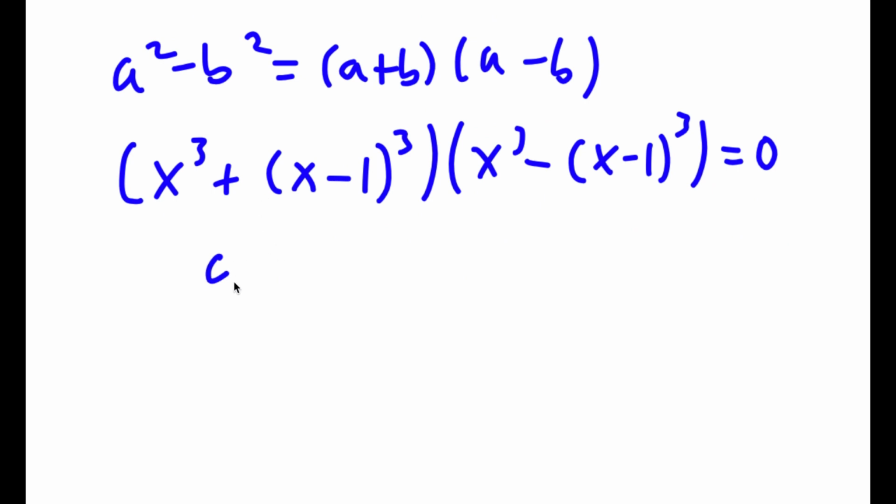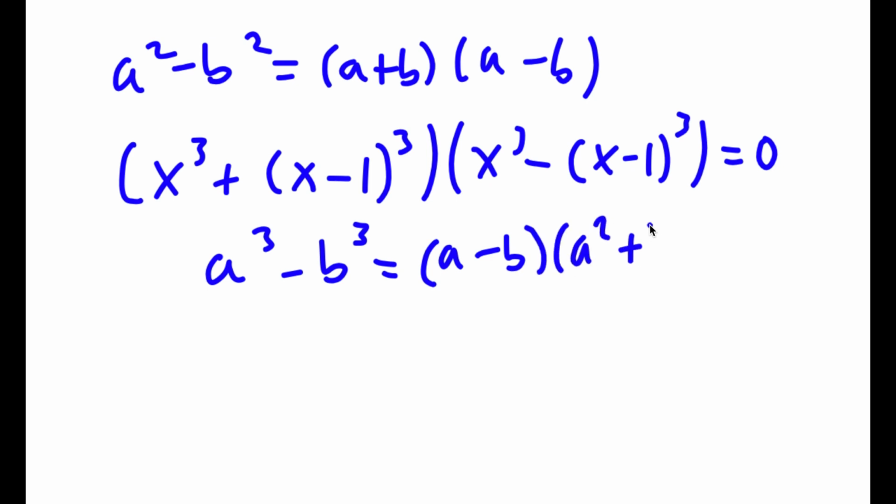Now if I have something in the form a to the power of 3 minus b to the power of 3, this is equal to a minus b times a squared plus ab plus b squared.